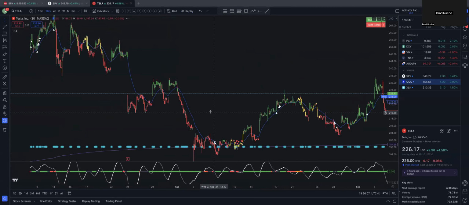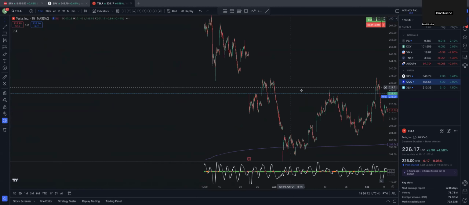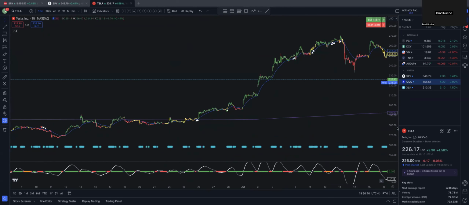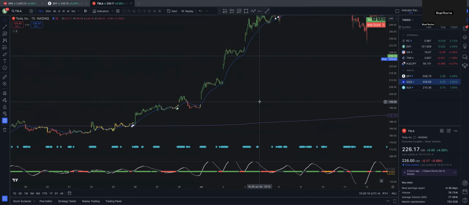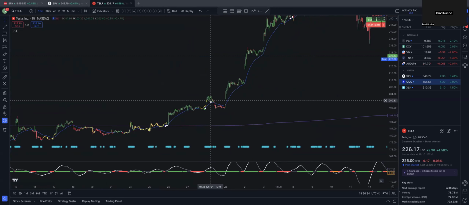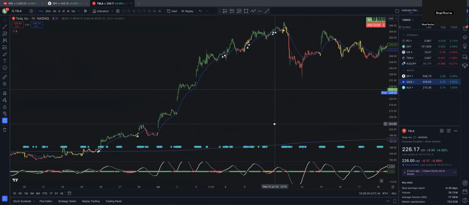Okay. Let's go to the 15-minute of Tesla. Okay. So we look at Tesla and we see, okay, we get this breakout, right? So we had this range and we got this buy signals and a gap up the next day. Okay. This pertains to futures traders, anyone that is trading this system.